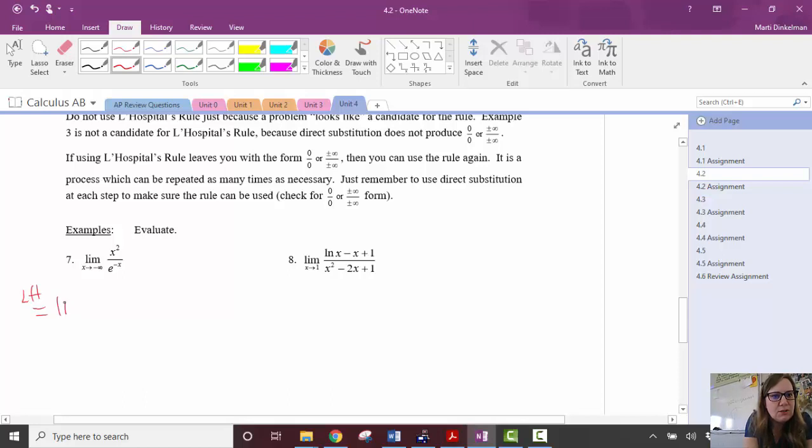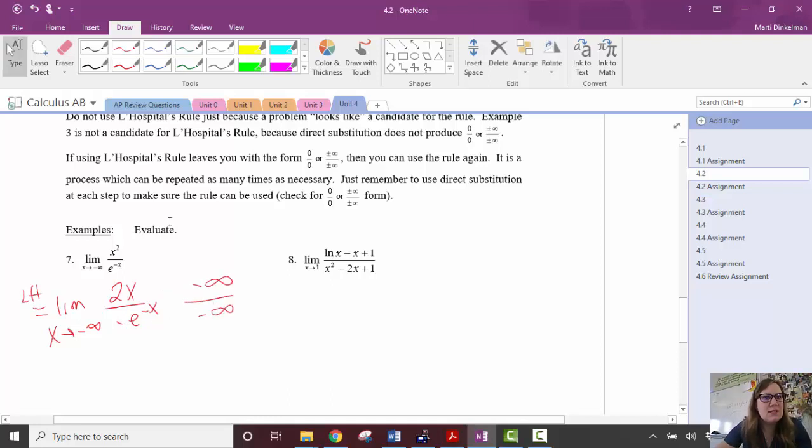So if we do L'Hopital's rule, because it does fit in the category, we get 2x over -e to the -x. Okay, so now if we try to plug in infinity, guess what? We're still going to get, well, at least -infinity over -infinity. So it still really fits the strategy. I can still do L'Hopital's rule. So I'm going to do L'Hopital's rule again.